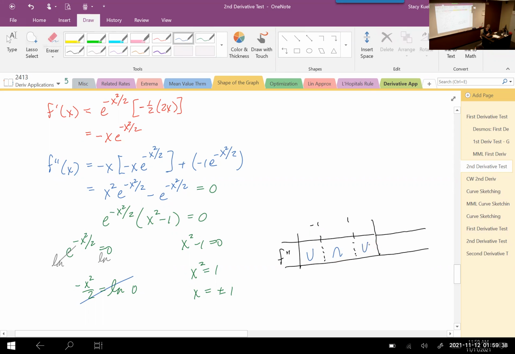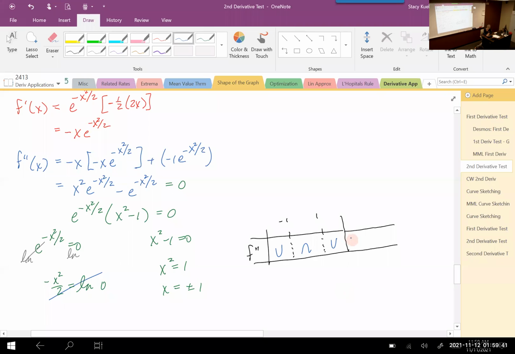Okay? So we would say that the function is concave up from -infinity to -1, and again from 1 to infinity. Concave down between negative 1 and positive 1. The second derivative does exist at those points, so we have inflection points occurring when x is equal to positive and negative 1, right?